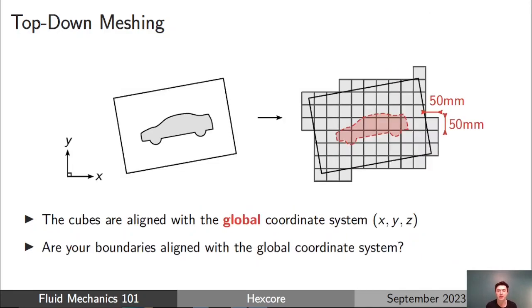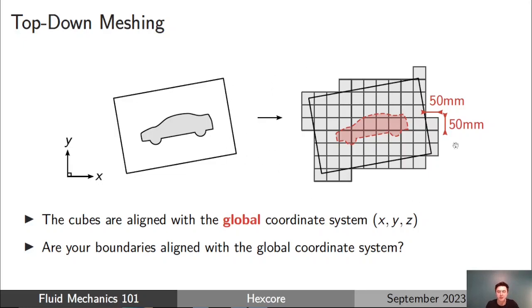And a quick side point here, it's worth noting, and you may have spotted this before, that your Hexcore cubes are always going to be aligned with the global coordinate system, so X, Y, and Z, unless you've changed something in the controls of your mesh generator. And so what this means is that if your domain is at an angle, maybe you have a pipe inlet that's at an angle that's not aligned with your meshing axes, or in this example we're doing a car going downhill, then the cubes will be aligned with the XYZ coordinate system and not necessarily with the axes of your domain.